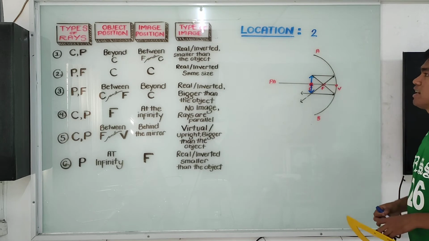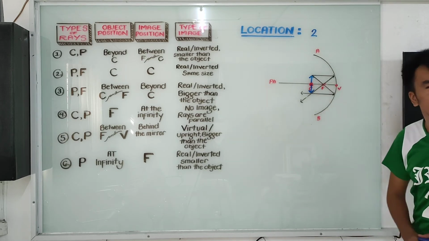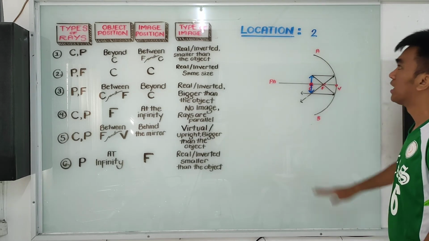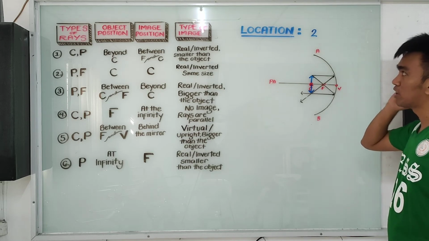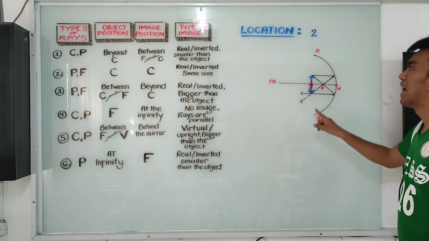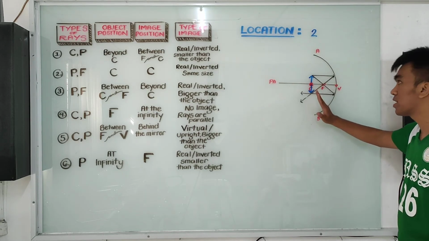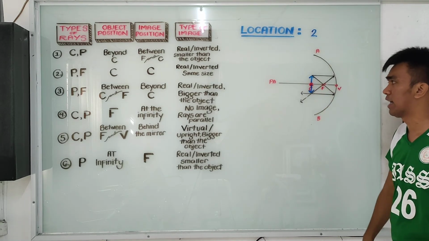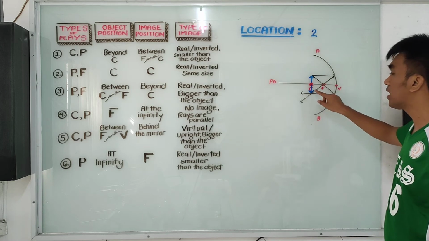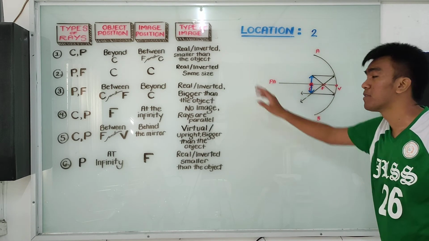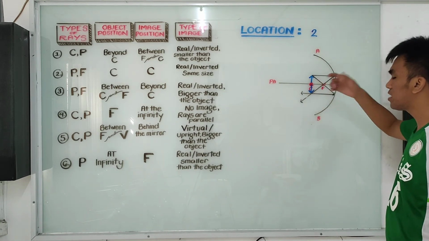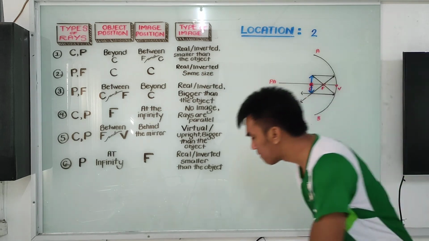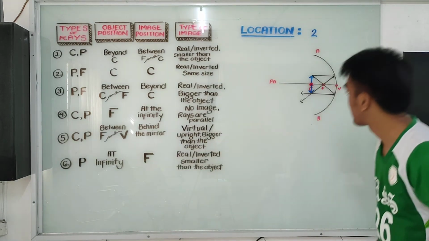So if the object is located at the center of curvature, the image will be formed at the center of curvature as well. The image is real and inverted, baliktad, and it has the same size. The image and the object both have the same size.